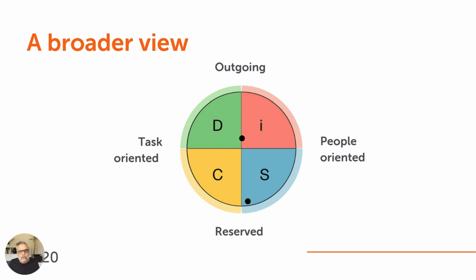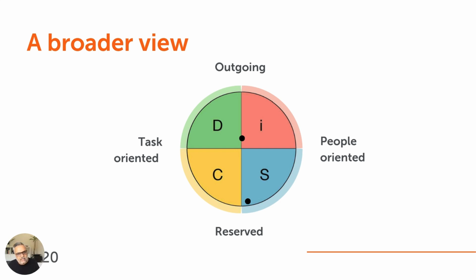Let's have a look at a broader view of it. If you look at the horizontal and the vertical axis, on the vertical axis, at the top it says outgoing, and at the bottom it says reserved. On the right-hand side, people are more people-oriented, and on the left, people are more task-oriented. So your Ds and your Cs might come across as a little bit colder and less sociable, less people-oriented.